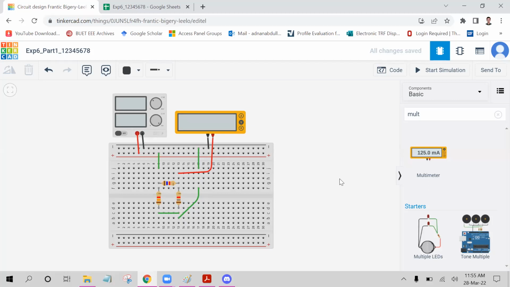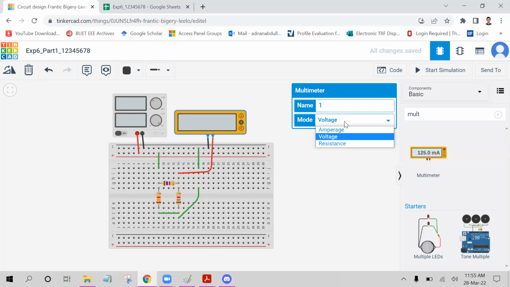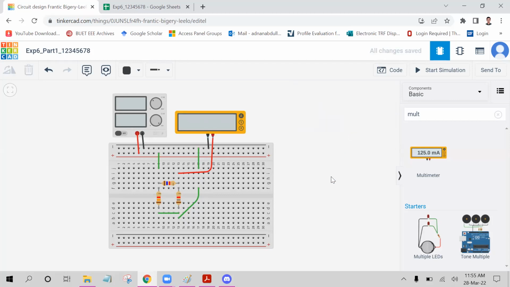Okay, all right, everyone, please change your multimeter mode from voltage to amperage. Now this multimeter would act like an ammeter. So that's it. Simple.